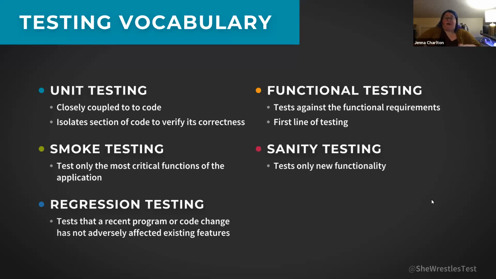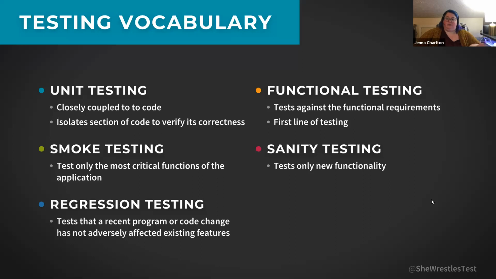We haven't regressed our software back to a previous point or regressed to old bugs, old issues, old functionality problems. But in a generic sense, a lot of people use it as the term to say, we're going to go ahead and test and make sure that everything's still okay.